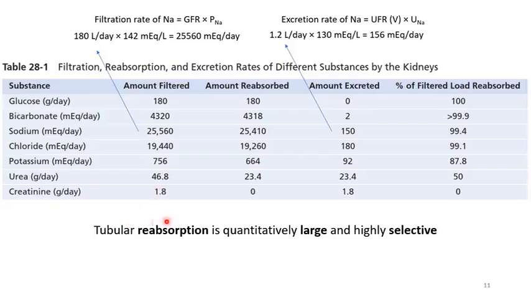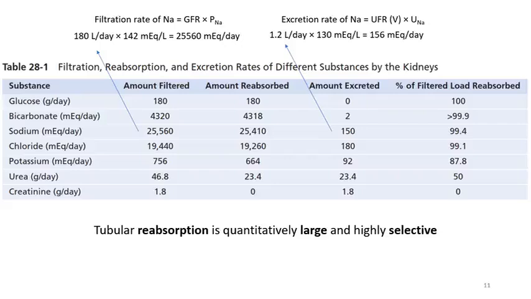And overall, this shows that tubular reabsorption is quantitatively large and highly selective. If it is a nutrient, the renal tubule decides that all of it should be reabsorbed. If it is bicarbonate, nearly all of it should be reabsorbed. If it is sodium or chloride, more than 99% should be reabsorbed.